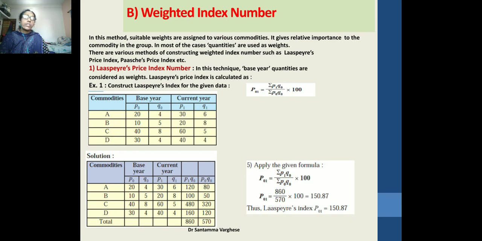For the current year, the prices are 30, 20, 60, 40, and the quantities are 6, 8, 5, 4.